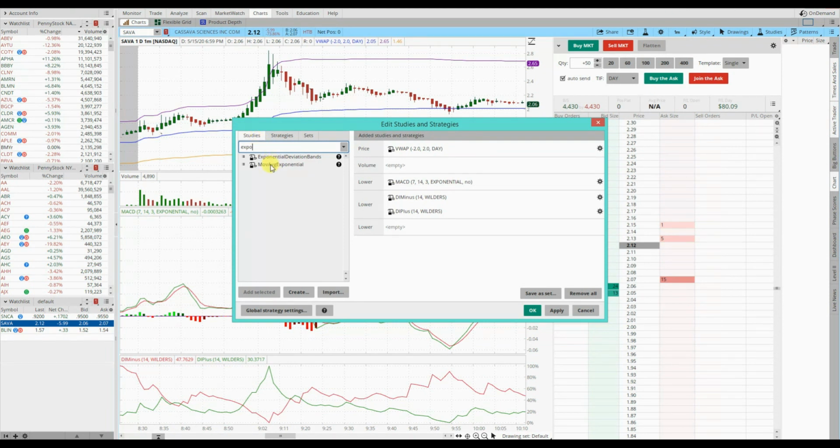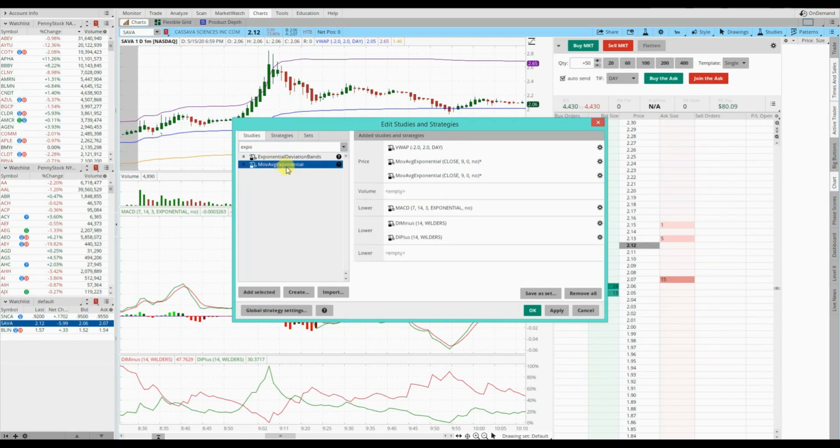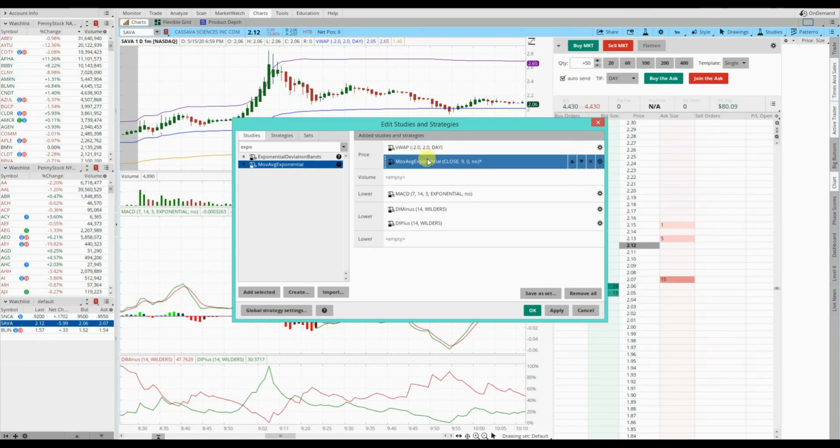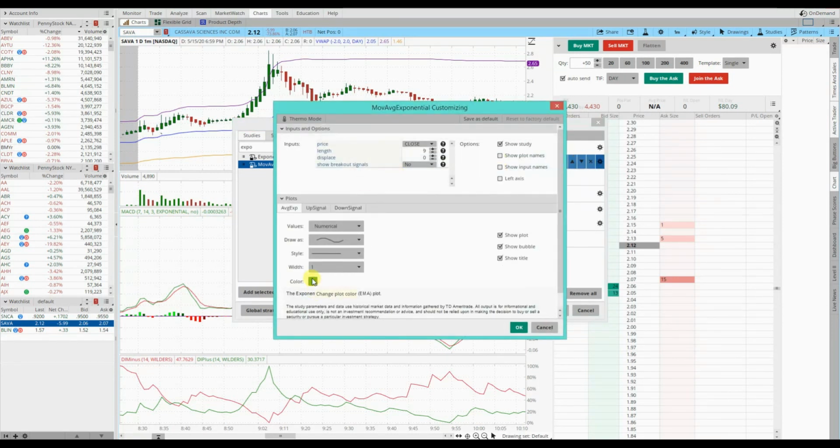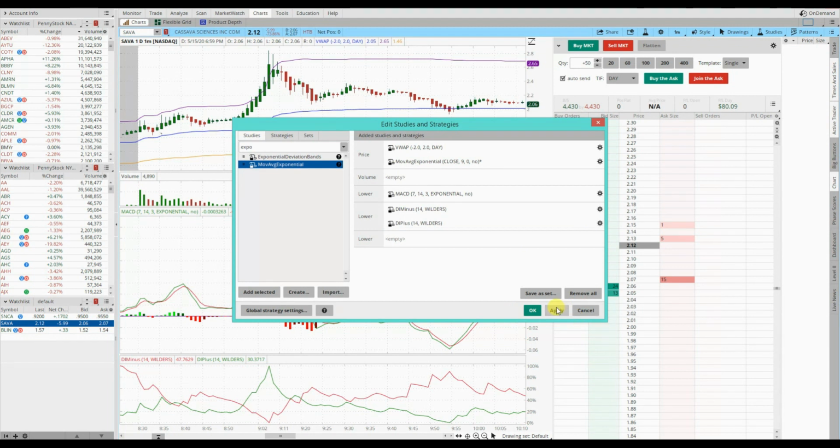And it's actually a moving average exponential, which is a little different. So we're gonna add that. We'll need one. And I'm gonna have that be black. So let's change that to black. Apply.